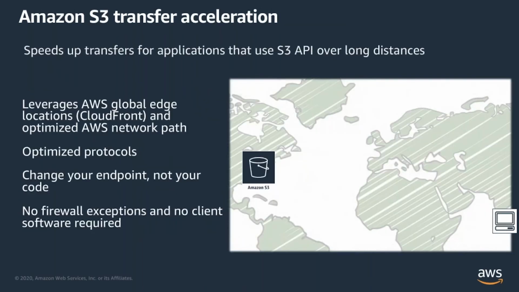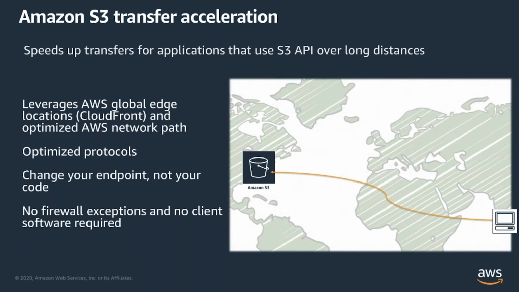We'll start with Amazon S3 Transfer Acceleration. S3 Transfer Acceleration enables fast, easy, and secure transfer of files over long distances. This is very useful when you have data transfer happening over long distances between your client and an S3 bucket.